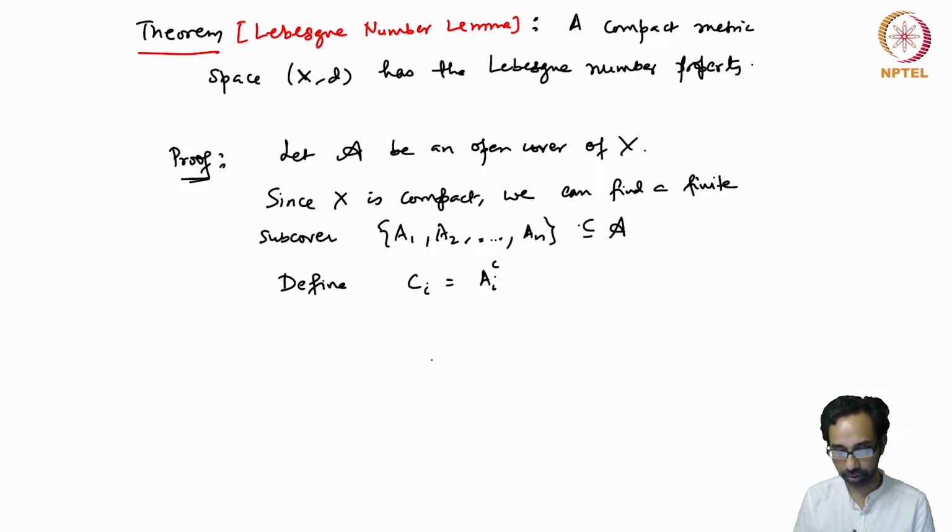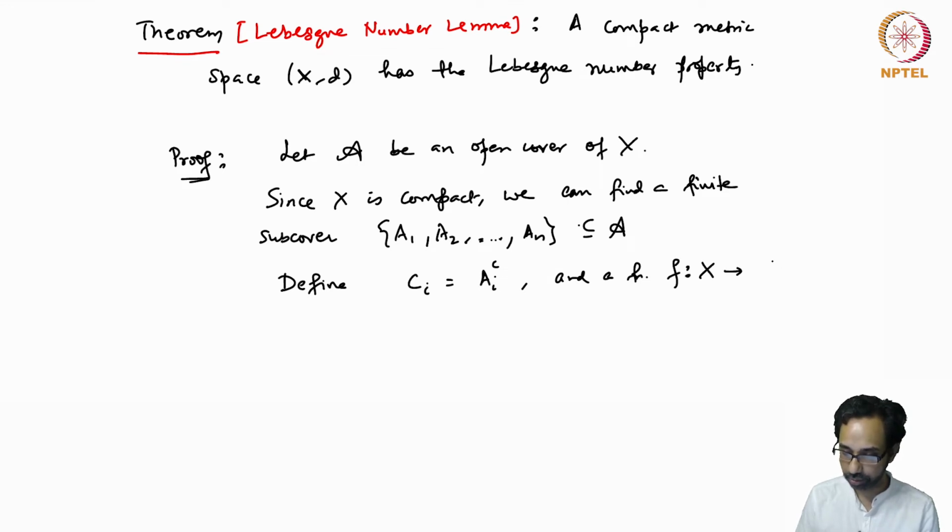These are closed sets Ci, and using these Ci's, we can define a function f from X to the positive real line, defined as the average, 1 over n.